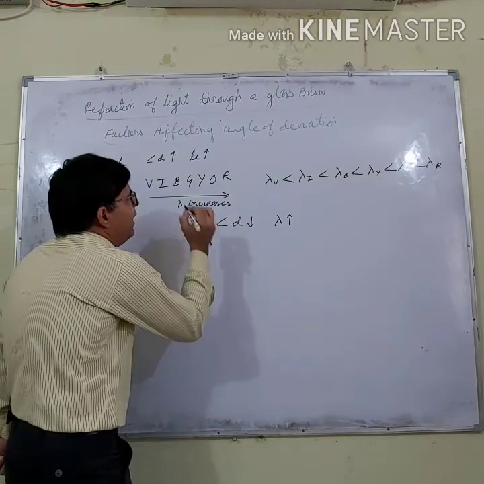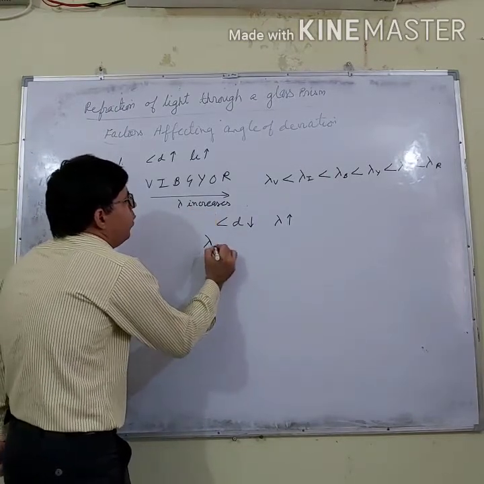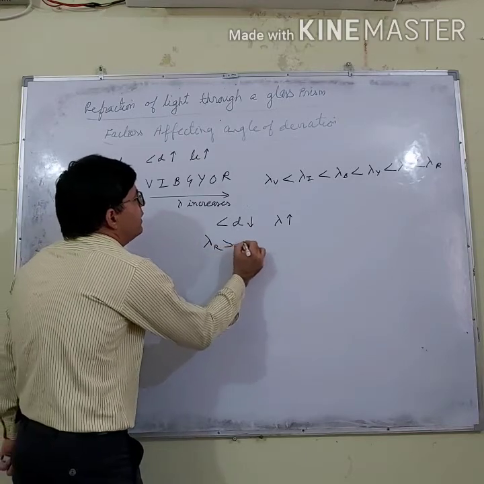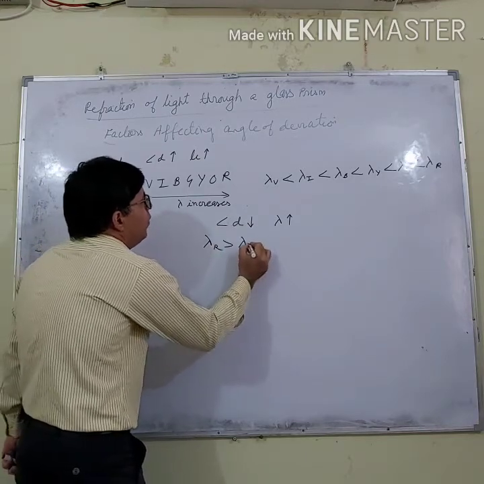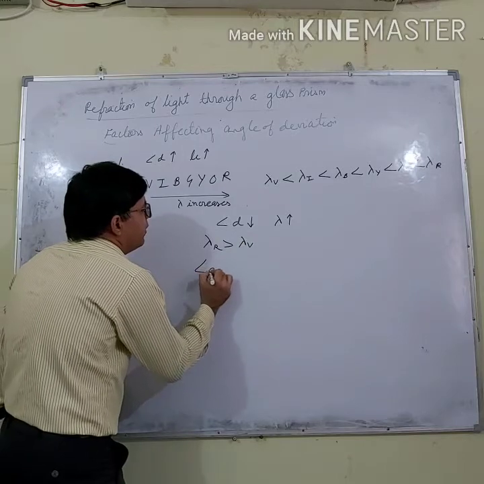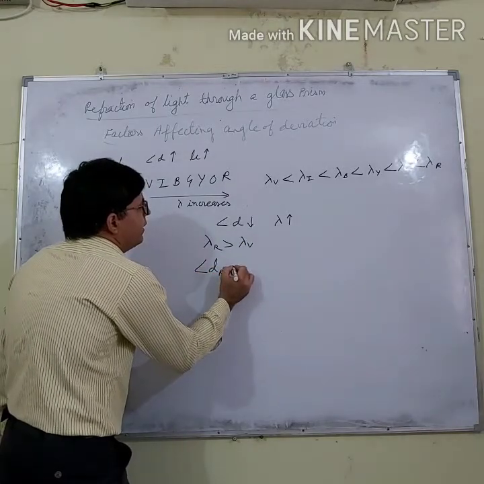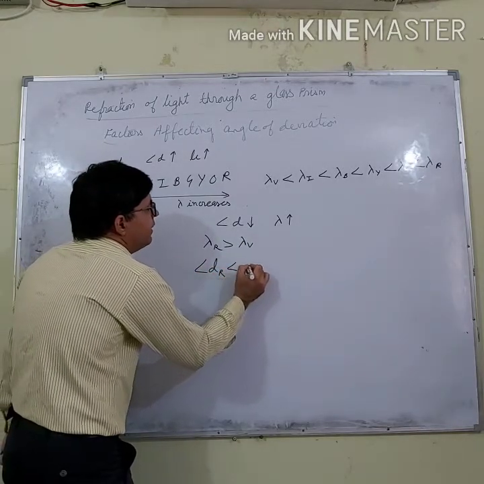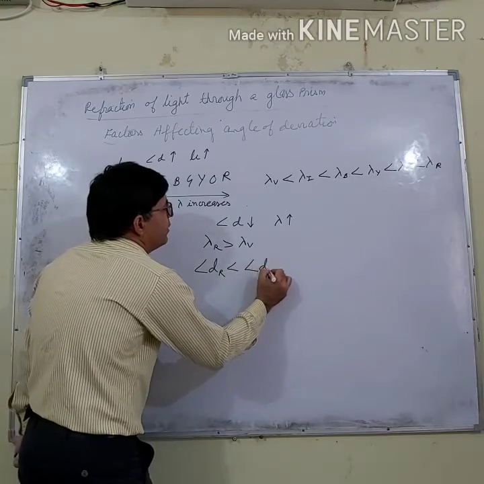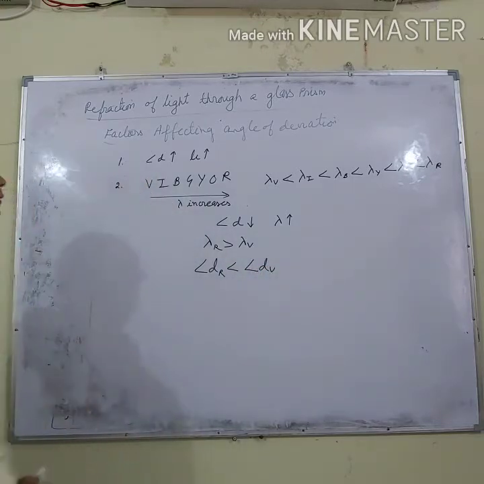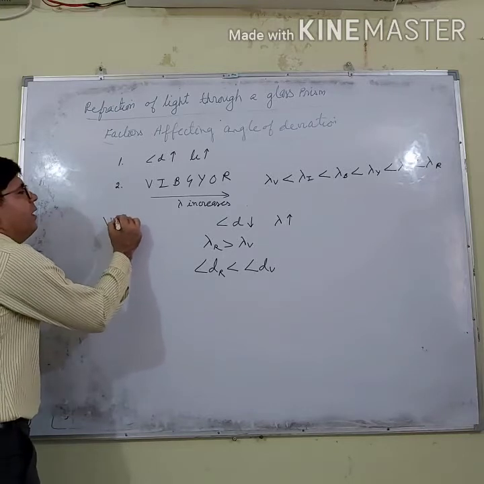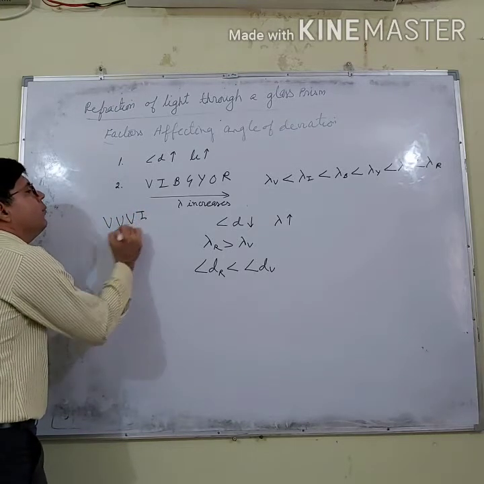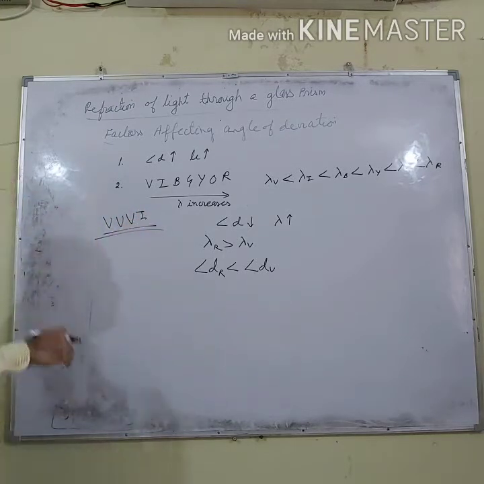It means that the wavelength of red is more than the wavelength of violet, but the angle of deviation for red is less than the angle of deviation for violet. This point is very, very important. It is being asked in your exams.